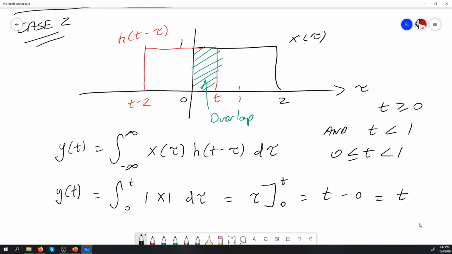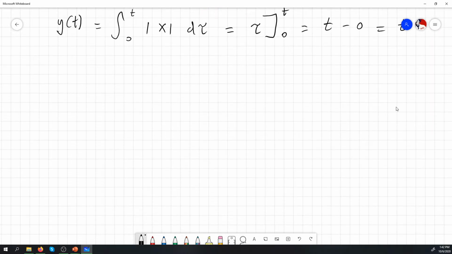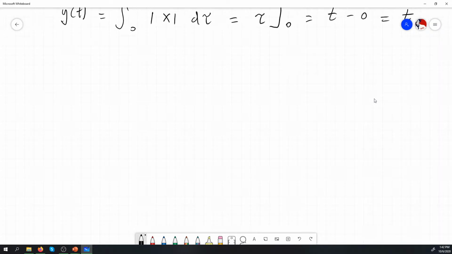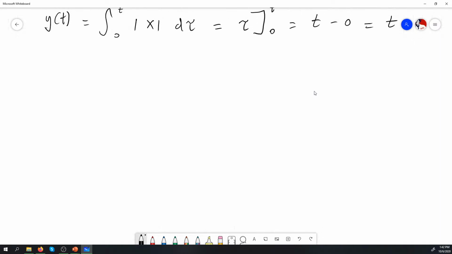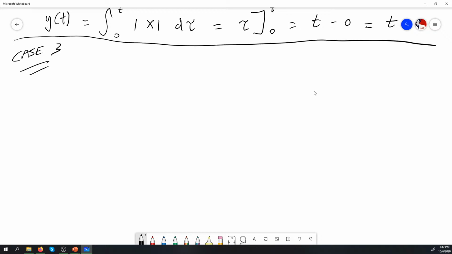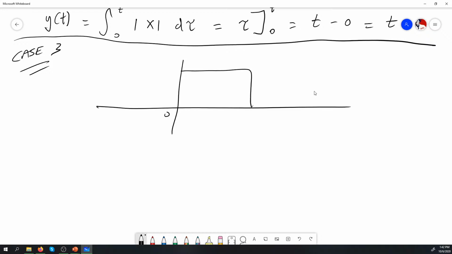Our third case is where we're going to slide the h of t minus tau signal again, but now that t-intercept that we saw here, instead of being in between 0 and 1, is now going to be in between 1 and 2. So this will be case 3. So we have our x of tau signal here.